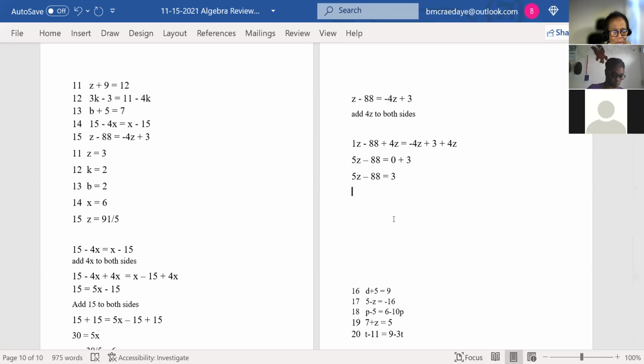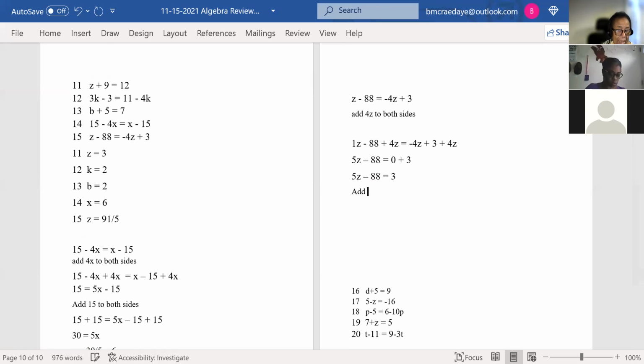Division and multiplication go together. Addition and subtraction go together. So if this is negative, we're subtracting. So what's the opposite of subtracting? Division? No. Division and multiplication go together. Addition and subtraction go together. So if I'm subtracting, the opposite is going to be addition.